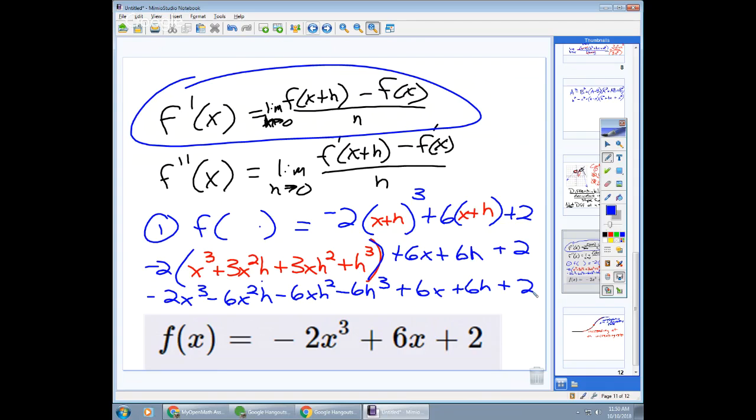Nope. So then I get to subtract the original function, right? So when you subtract, you add the opposite. So that means adding the opposite is going to give me that. -2x cubed plus 2x cubed goes away. 6x minus 6x goes away. And 2 minus 2 goes away.